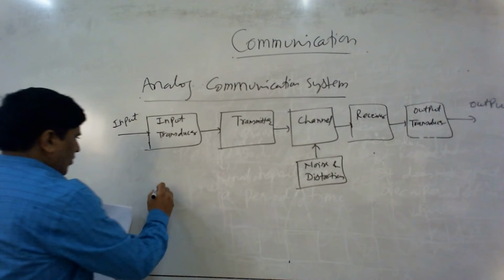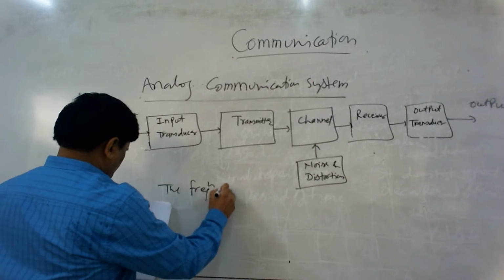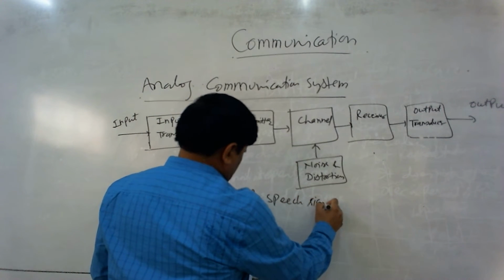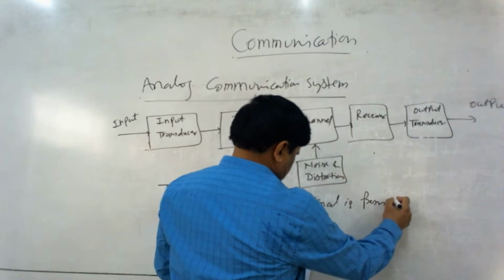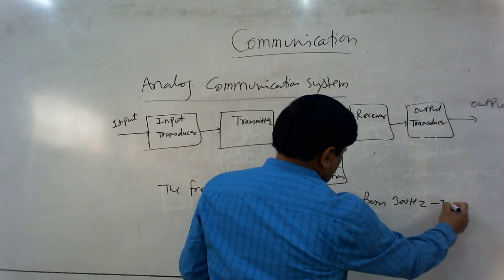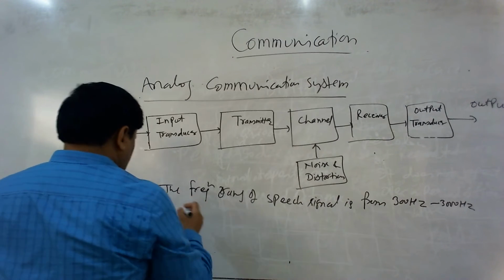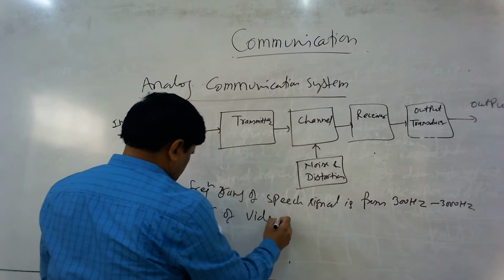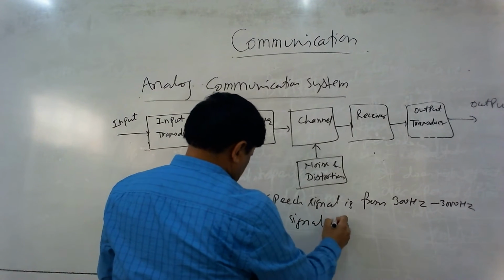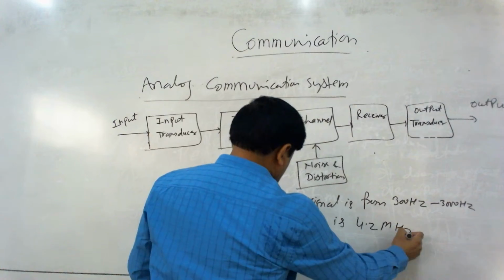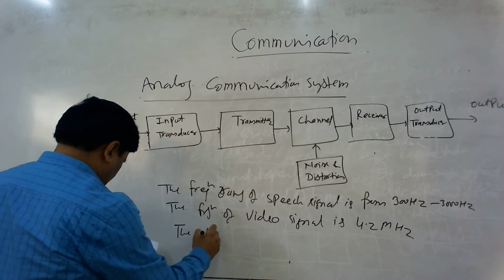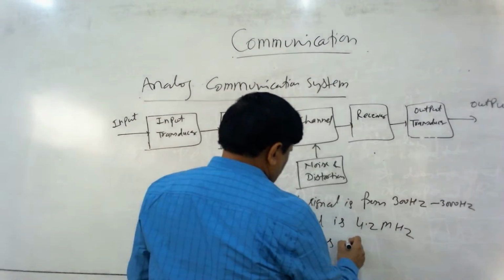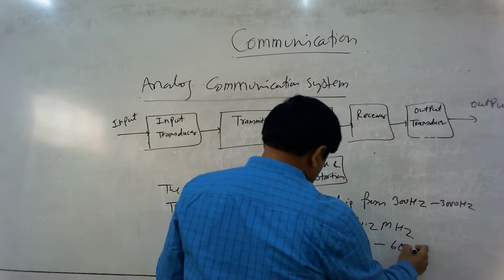The frequency range of speech signal is from 300 Hz to 3000 Hz, and the frequency of video signal is 4.2 megahertz, and the frequency range of TV, that is television, is 0 Hz to 6000 kilohertz.